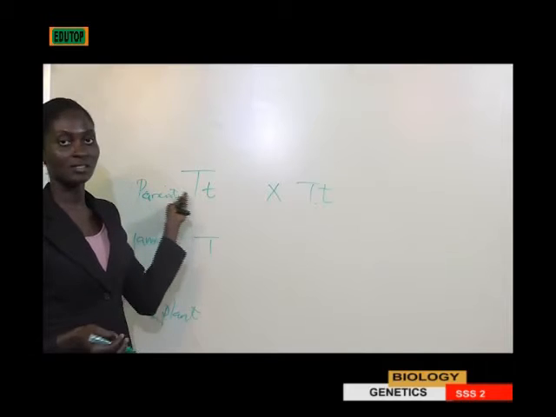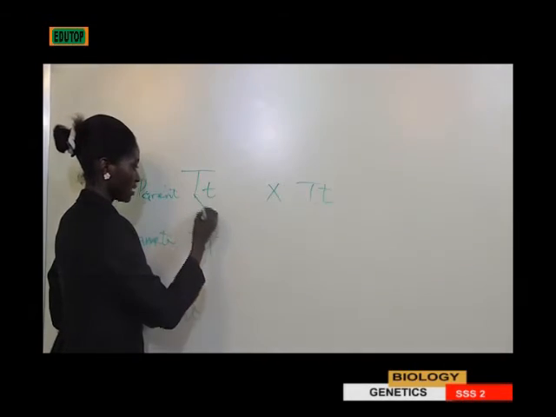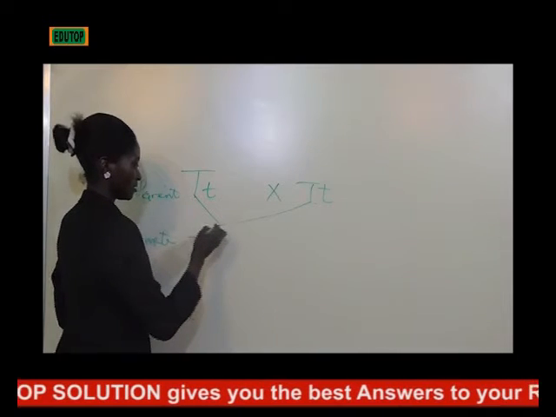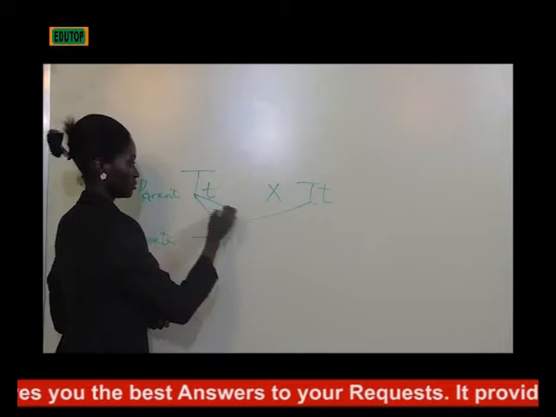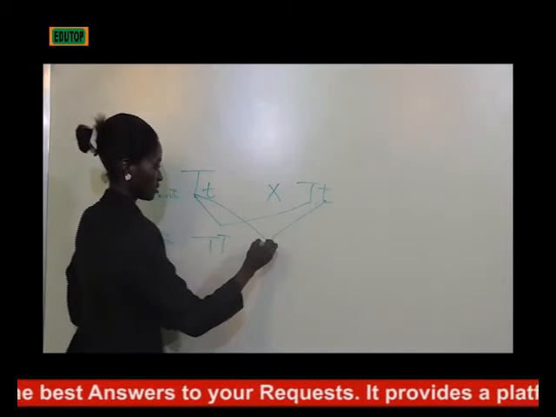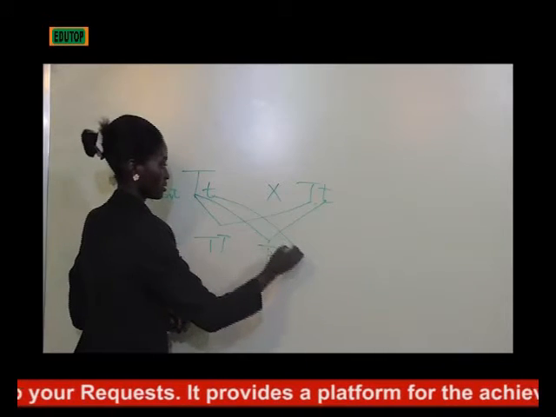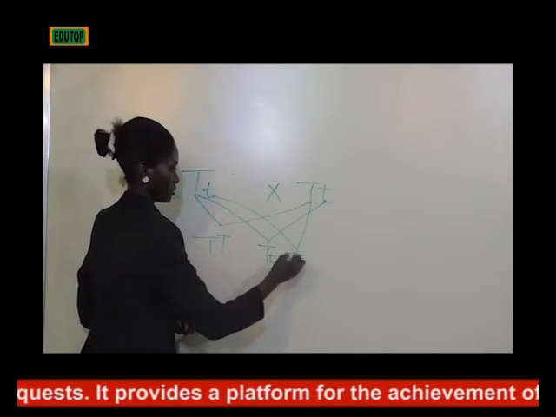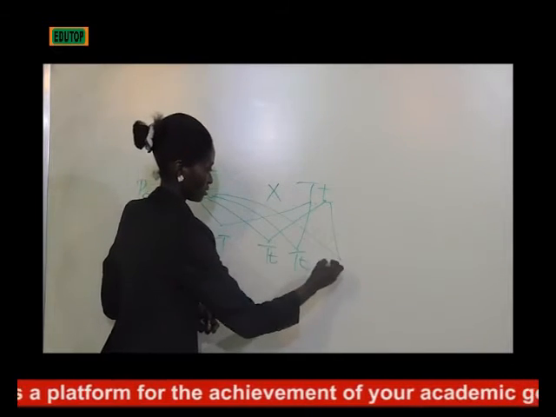So he did a self-pollination for them. So by the time you do a crossing, let's do it together. This TT, so you have TT, then this one with this, you have this again, then this with this, you have.